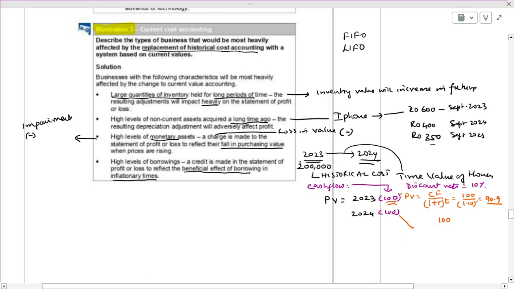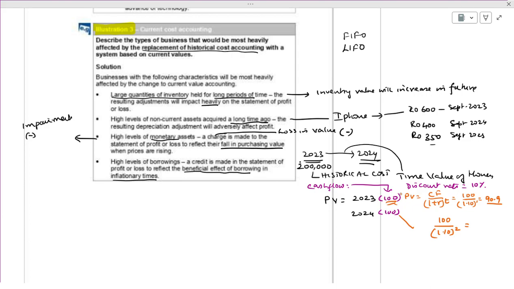100 divided by 1.10 to the power of 2. After 2 years, how much is there? Very quick.